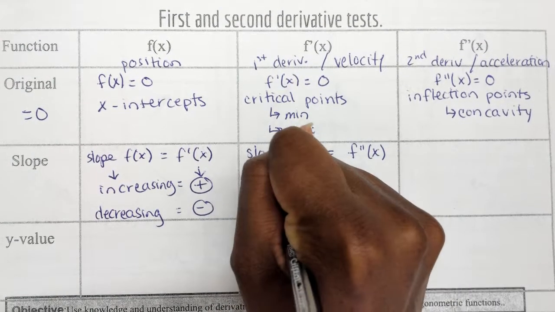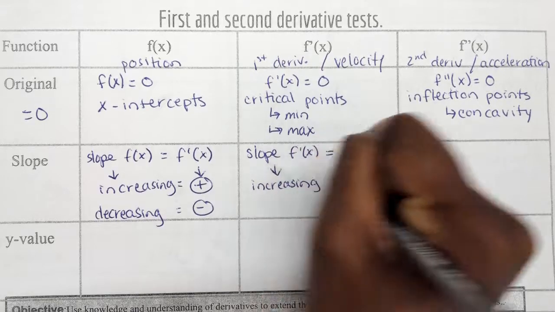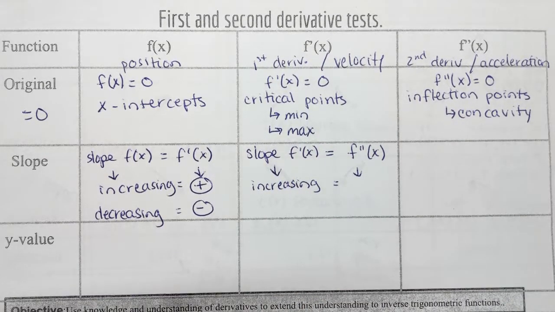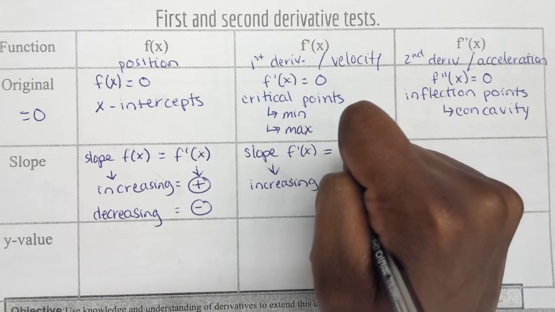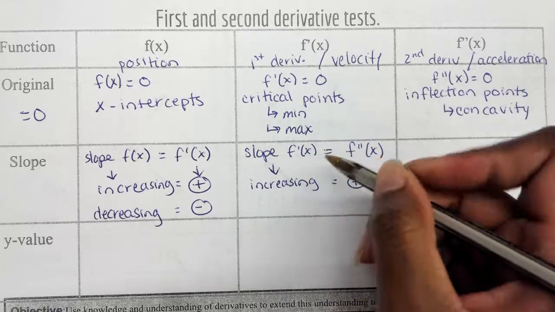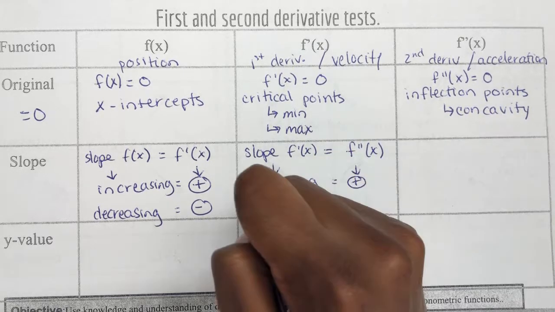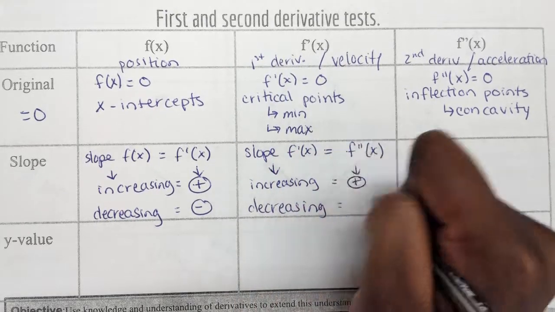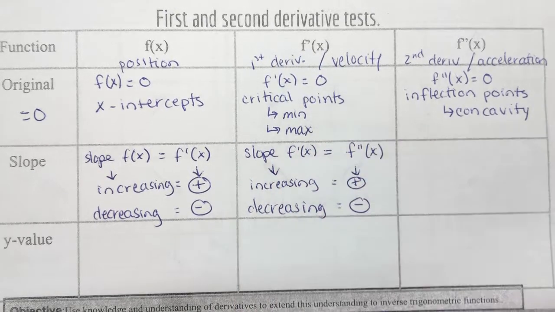So if the slope of f prime of x is increasing, then f double prime is positive. And if the slope of f prime of x is decreasing, then f double prime is negative.